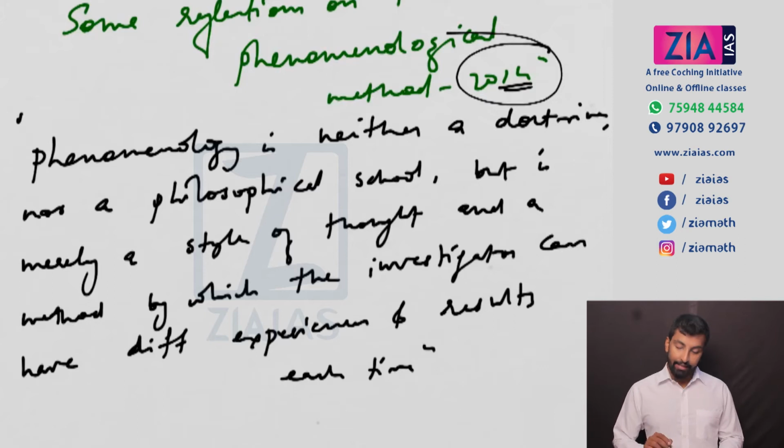Basically, you conduct a study on a particular phenomenon, and you get different results and different experiences each time. The reason is that meanings do not have their own independent existence.